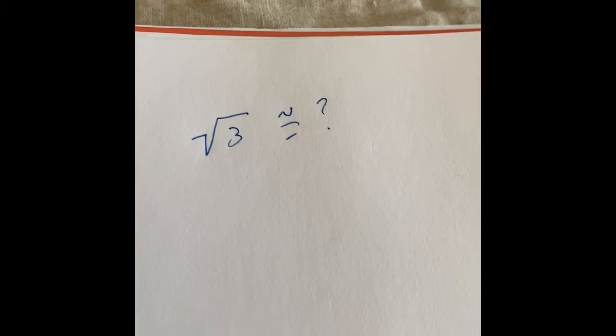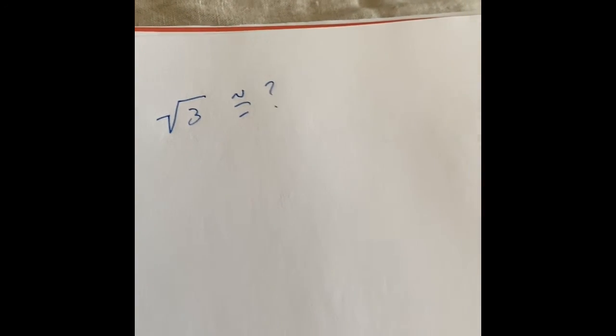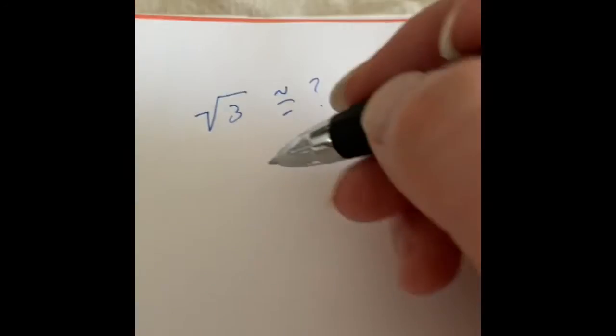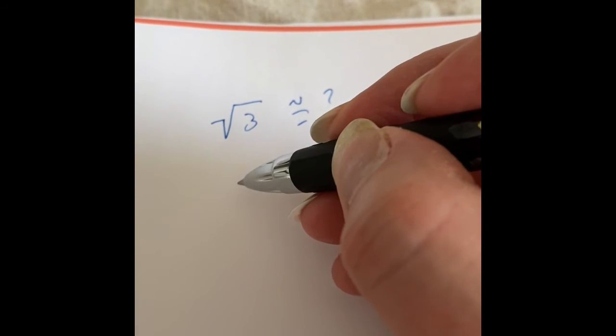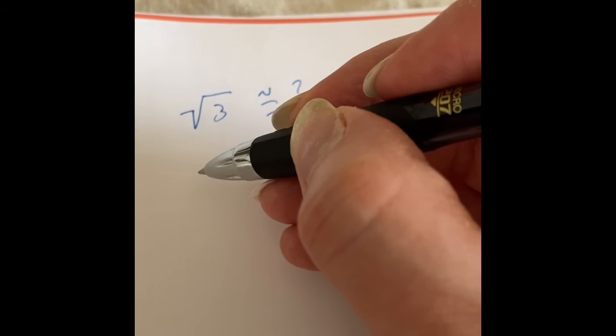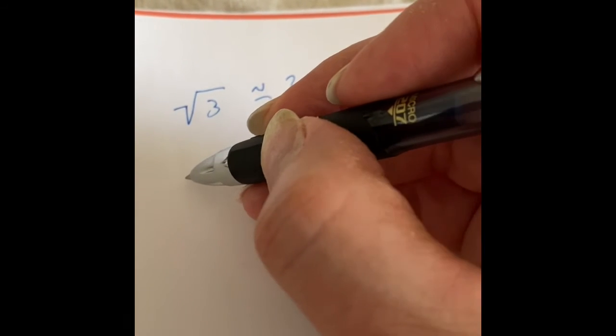Let me explain. For instance, let's say we want the square root of 3. The square root of 3 is approximately what? It lies between which two numbers? We know that 3 is not a perfect square, but 1 is a perfect square, right?